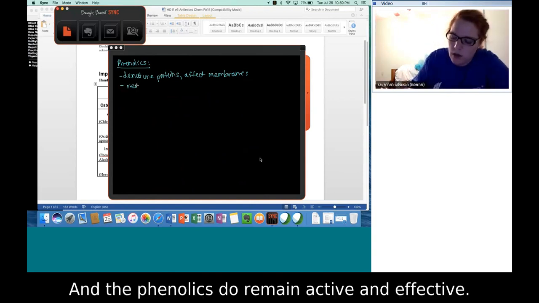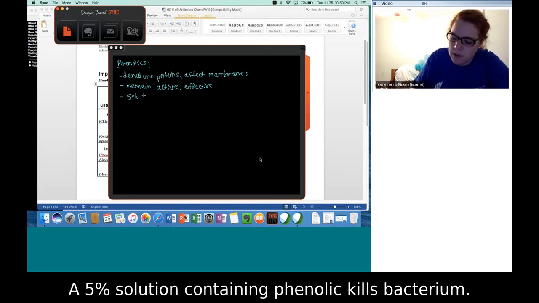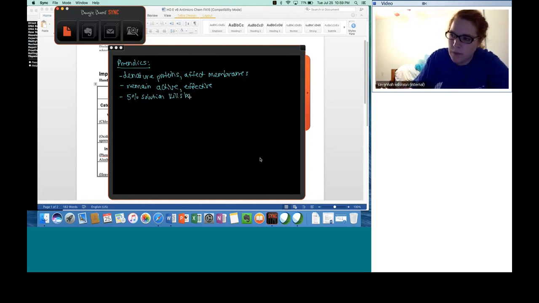And the phenolics do remain active and effective. A 5% solution containing phenolics kills bacteria.